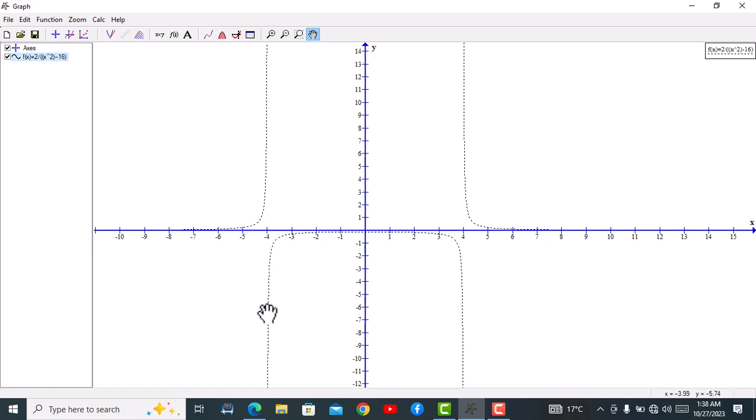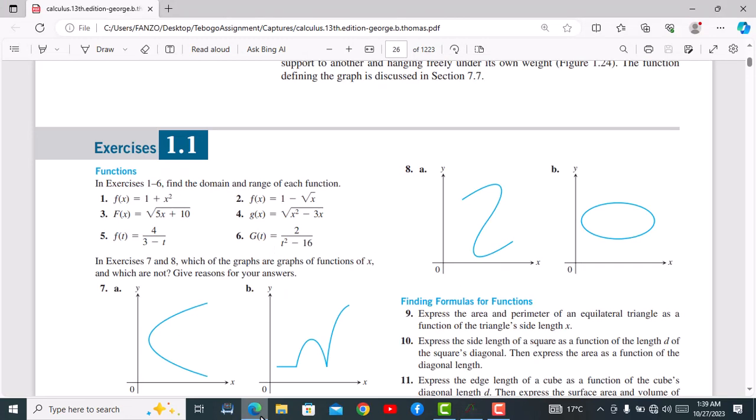Of course, minus 4. So it is negative infinity to positive infinity, because even 4 is defined there. So this would be the domain: negative infinity to positive infinity. The range would also be from negative infinity to positive infinity, because we have a value of y at x equals 0. So it is defined at x equals 0 there.